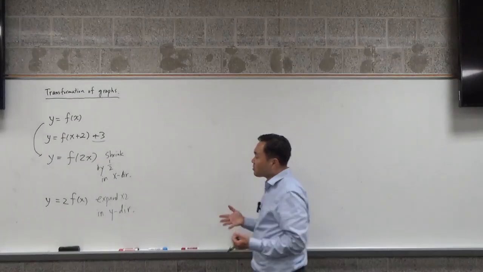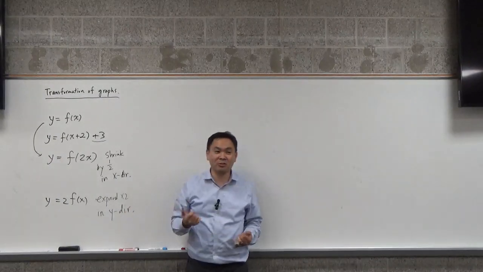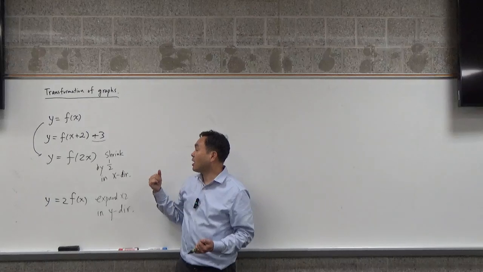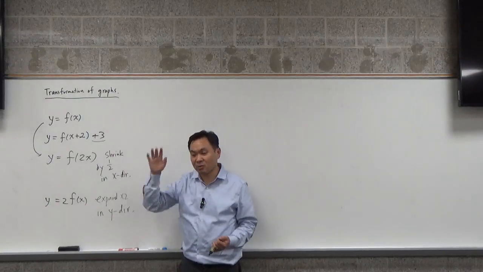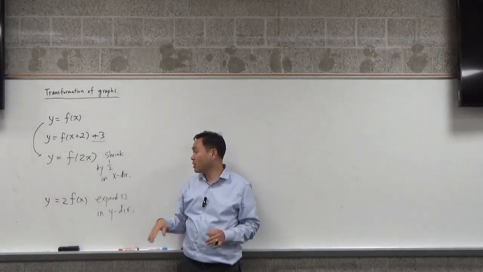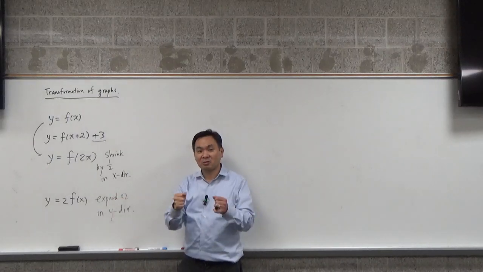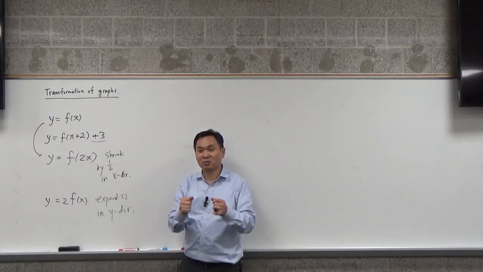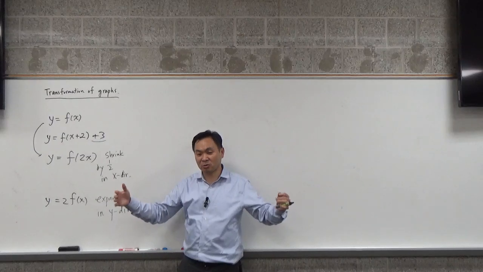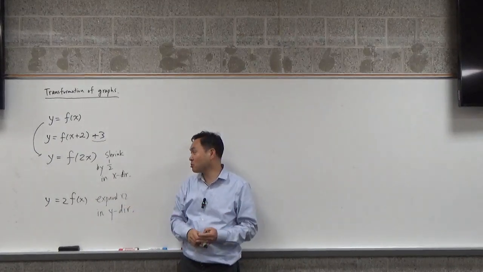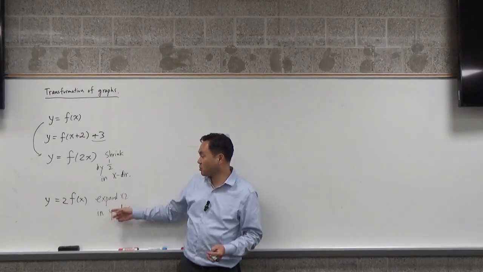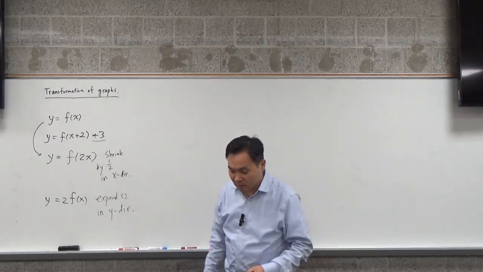Okay, so we can summarize what we've learned yesterday as how to move left, right, up, down. Those are called translations. And how to make it enlarged or expanded, or you compress it. Either one of those two. Those are the other kinds.